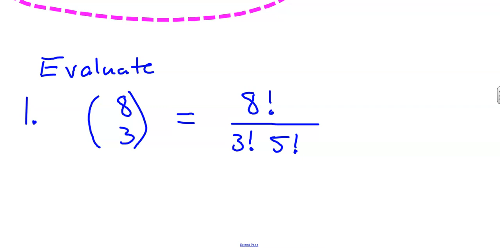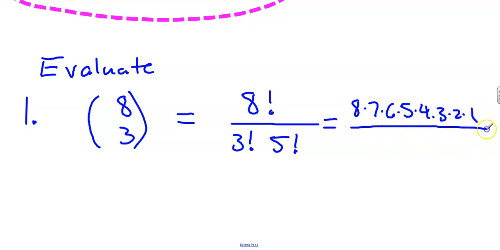Okay, and again with the 8 factorial, that's 8 times 7 times 6 times 5 times 4 times 3 times 2 times 1. 3 factorial is 3, 2, 1. 5 factorial is 5, 4, 3, 2, 1.